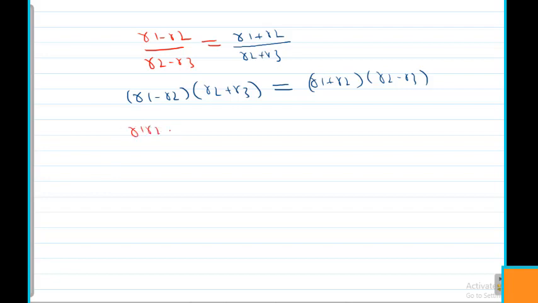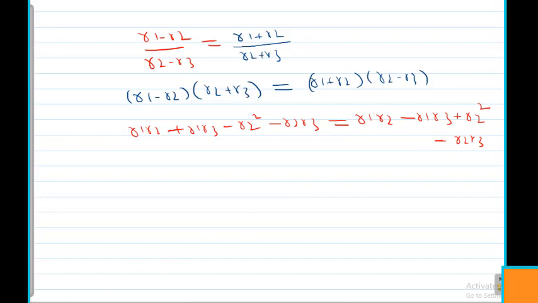So R1R2 plus R1R3 minus R2 square minus R2R3 equals R1R2 minus R1R3 plus R2 square minus R2R3.